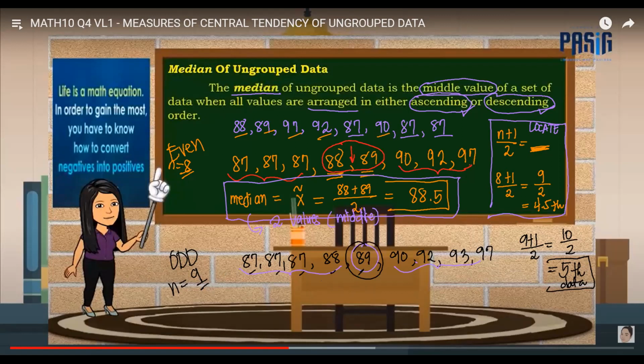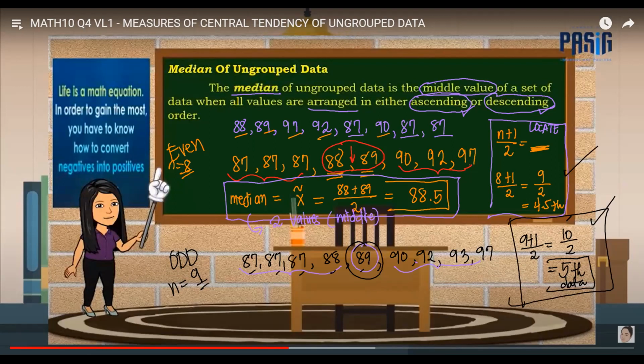Dahil konti lang yung data natin, madaling alamin kung pang ilan siya. Paano kung 20 na yung data mo, 20 na yung scores, yung grades na binigay sa'yo? Mahirap na hanapin yung middle value kung hindi ka gagamit nitong pang-locate natin. Okay?